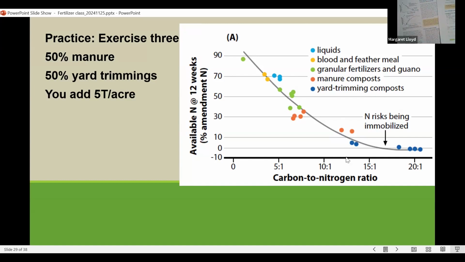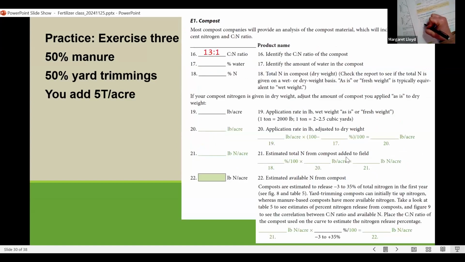So I decided to go with a 13 to 1 C to N ratio. Percent water, I'm going to say this material was dry. And so the percent nitrogen.